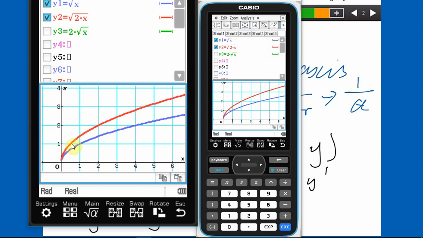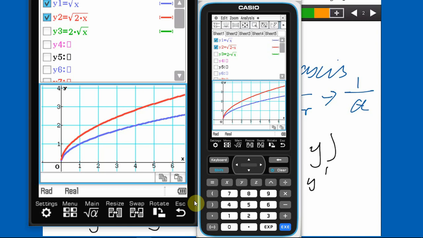So our new x is twice what the old x was, for the same y value. All right, so that's a little bit tricky.